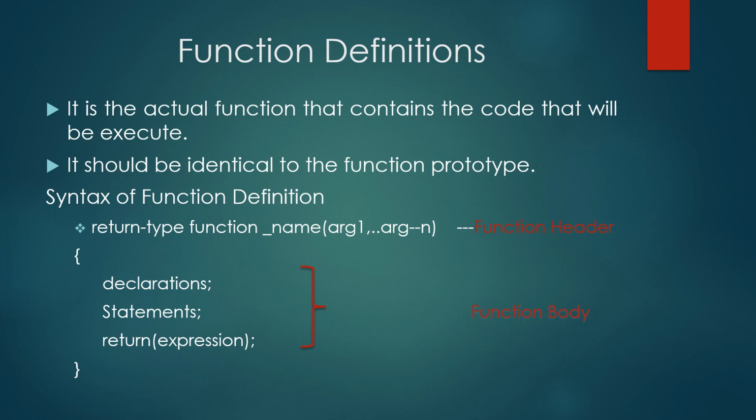Syntax for the function definition: first, return type, function name, and the argument. This is called the function header. Inside the curly braces you are declaring the statements and the return. These statements inside the curly braces are called the function body. So for the definition of a function, the function header and the function body are the most important.